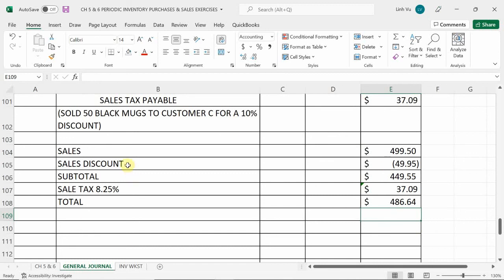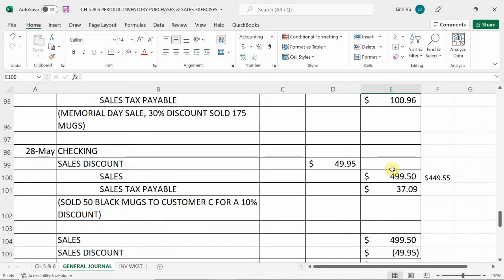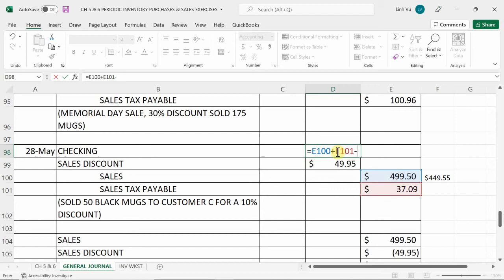But if you actually look at a real receipt, this is what the real receipt would look like. When you solve for the total amount, it's going to be the discounted amount plus the tax. Straightforward. Now, if you use the rules of debits equaling your credits, you could say, I'm going to add up my total credits and subtract my debits to get the same exact answer of $486.64.